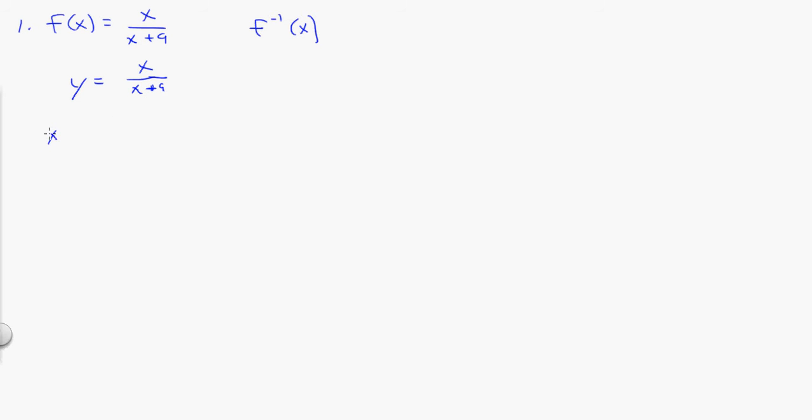So I multiply both sides by x plus 9. If you do it to one side of the equation, you have to do it to the other side. Those divide out. So now I have x plus 9 times y equals x.